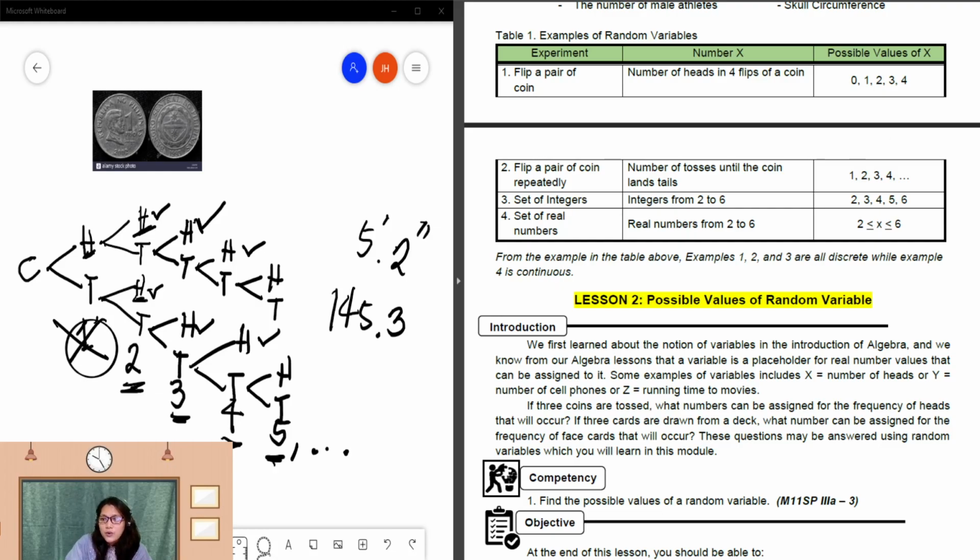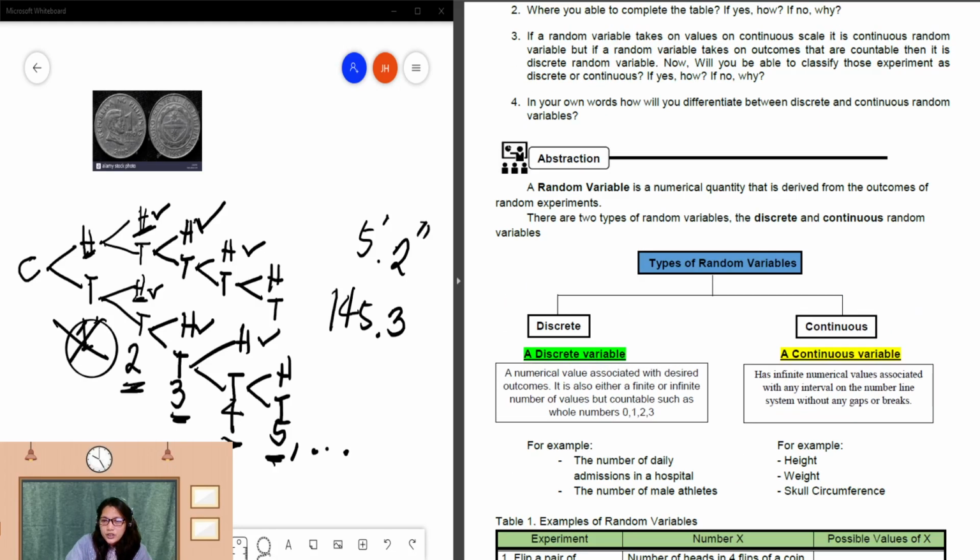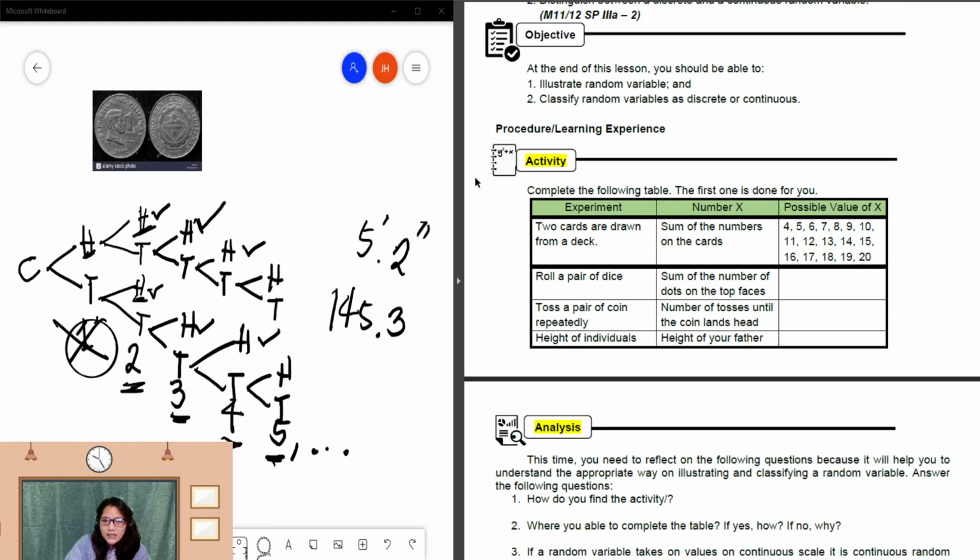Now, let's go back to our activity. Roll a pair of dice. Is this a discrete? Whole number ba ni siya, or interval with decimal places?